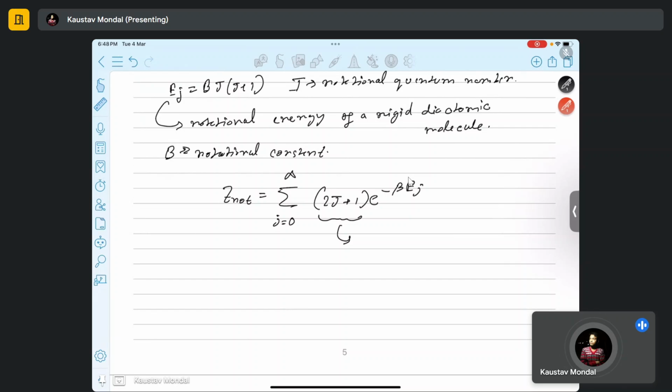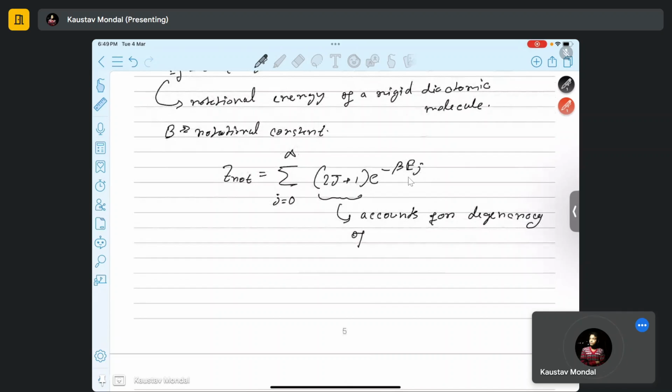So in order to consider that, we multiply e to the power minus beta Ej by the 2J plus 1 factor. This accounts for the degeneracy of each rotational level.